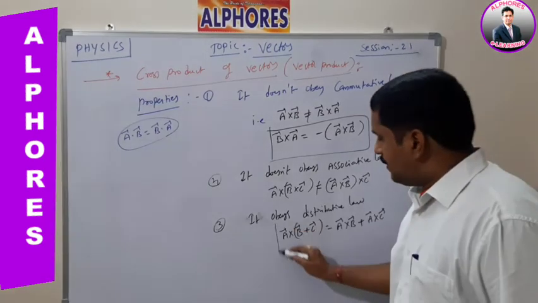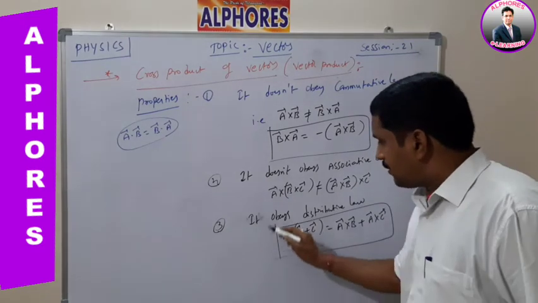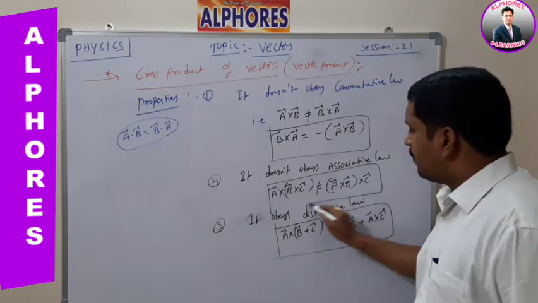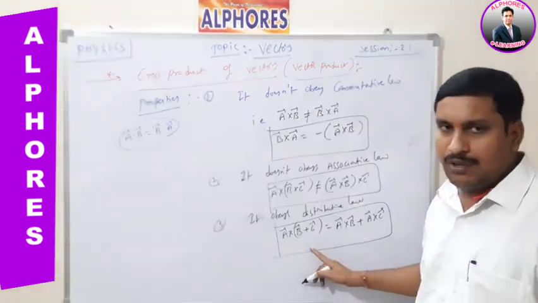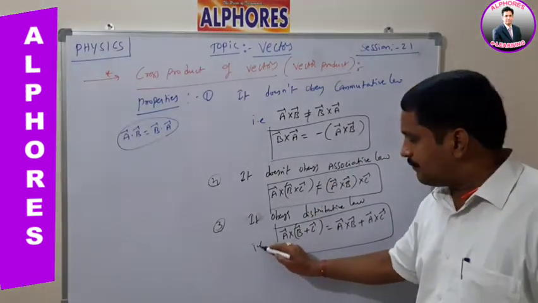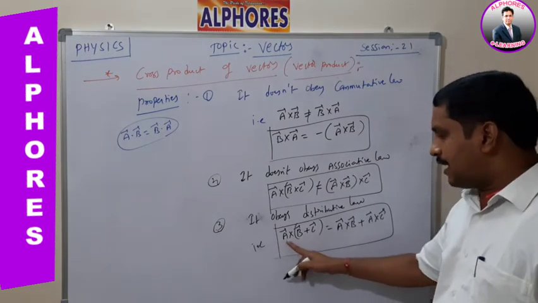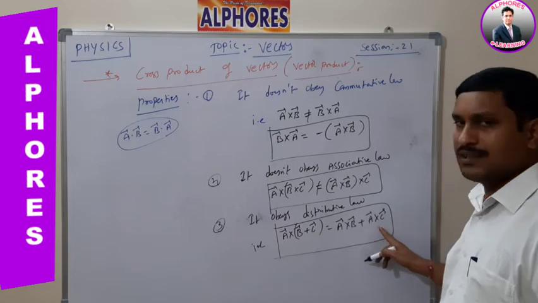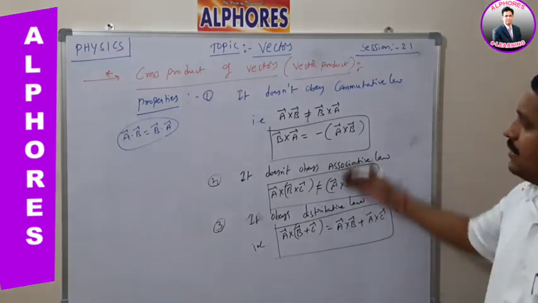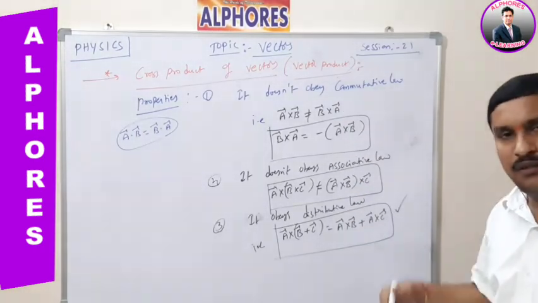So listen carefully, these are the three basic properties of the cross product. The cross product doesn't obey the commutative law or the associative law, but it obeys the distributive law.